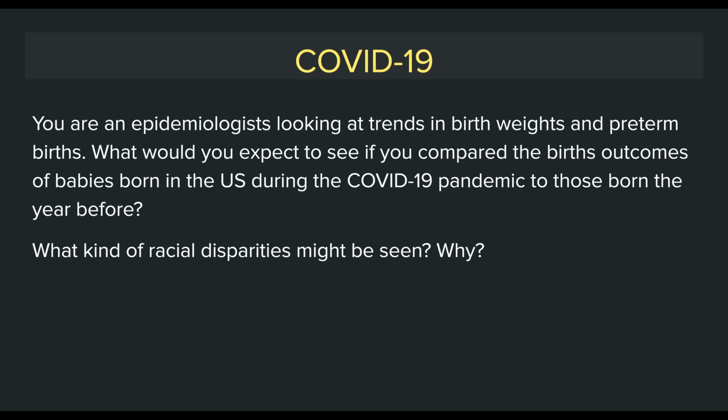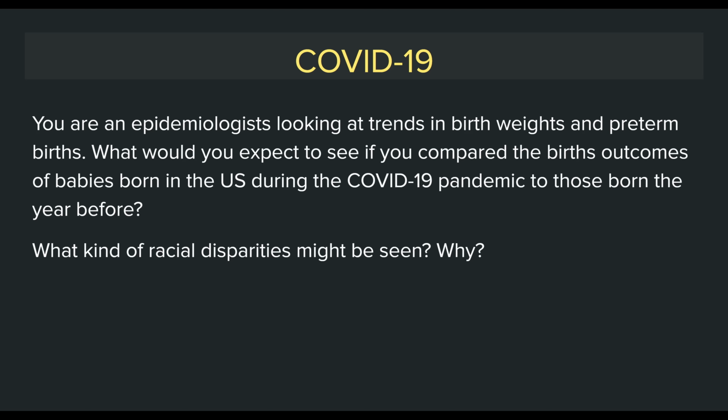So if I had to guess, if I was the researcher looking at this, it would be complicated, right? Because so many people are under stress. I would expect people who maybe lost their job and weren't eligible for employment.